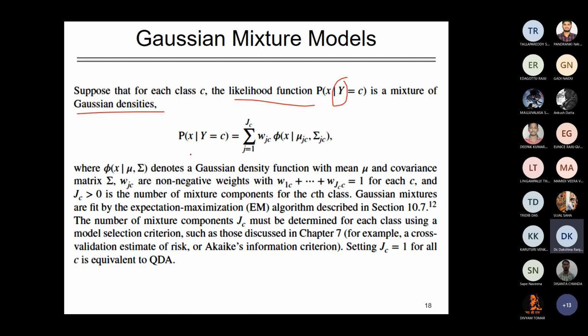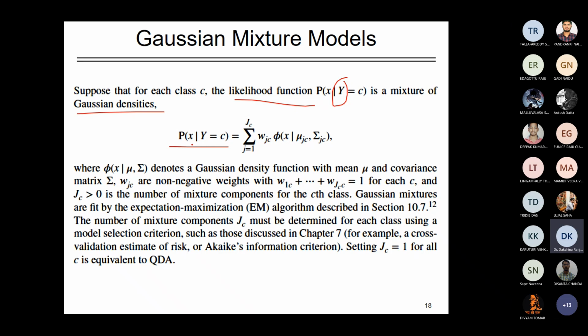If we have JC number of components for a particular class C, then how can this Gaussian mixture model equation be written?